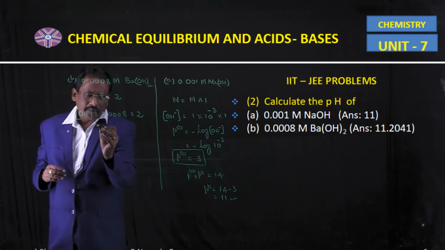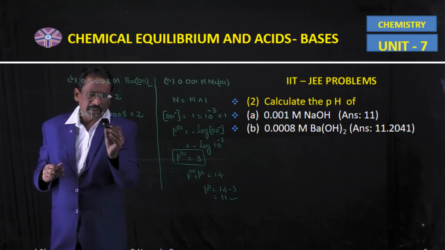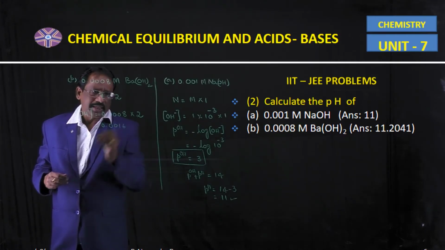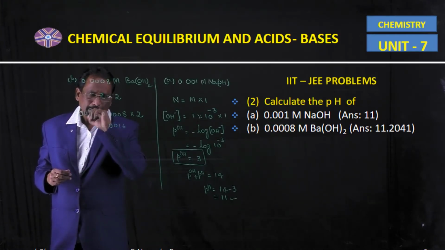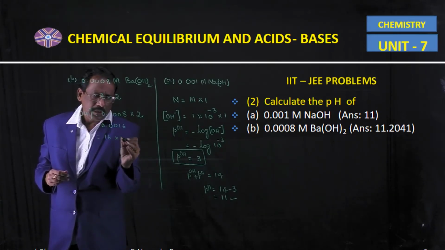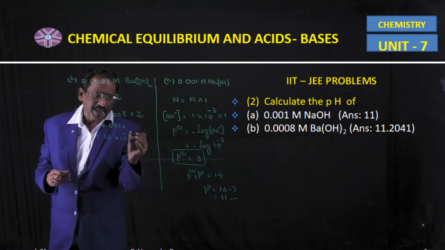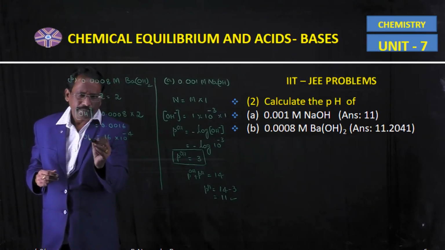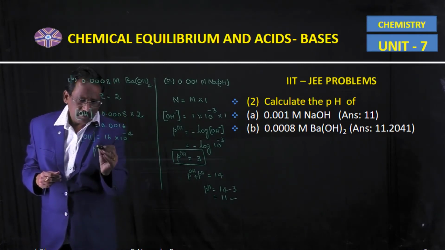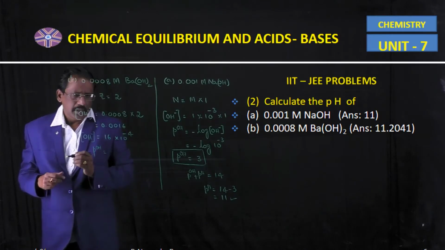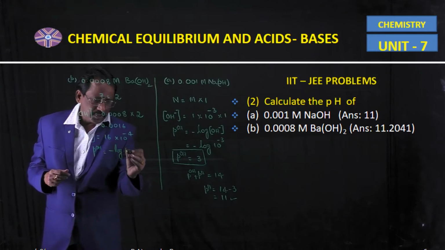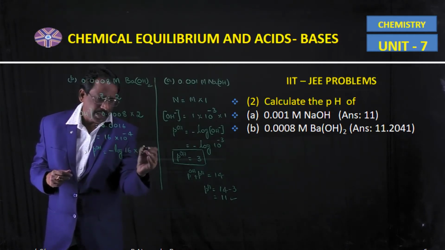So OH minus ion active mass is equal to 0.0016. So this is nothing but 16 into 10 power minus 4. Now calculate POH, minus log 16 into 10 power minus 4.